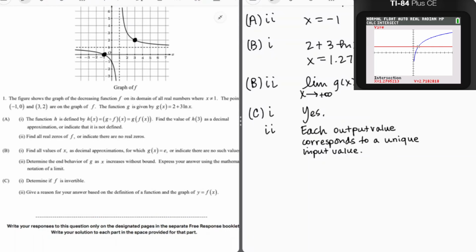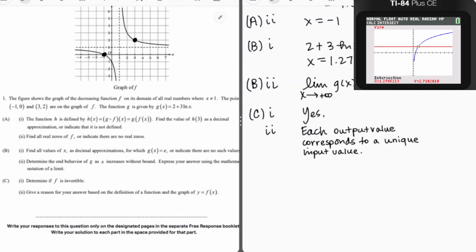Because when we think about the inverse function, that's taking in y values and returning us the x's that got us there. And if it's going to be a function, it can only return us one x, where it corresponds to a unique input value. But I think another valid answer would be, we don't have an equation for f, but if we did somehow happen to know that f of x equaled 2 over x minus 1 plus 1.